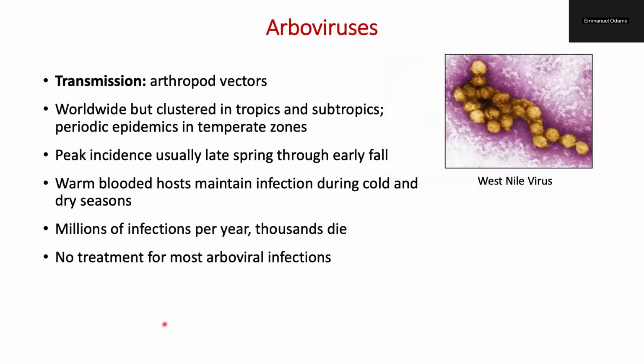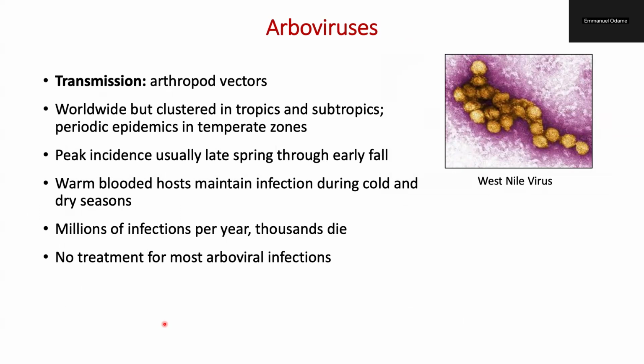So now let's talk about the arboviruses. As I mentioned earlier, arthropod vectors are their main mode of transmission. They are spread worldwide, clustered in tropical and subtropical areas, and are periodic and pandemic in temperate zones.